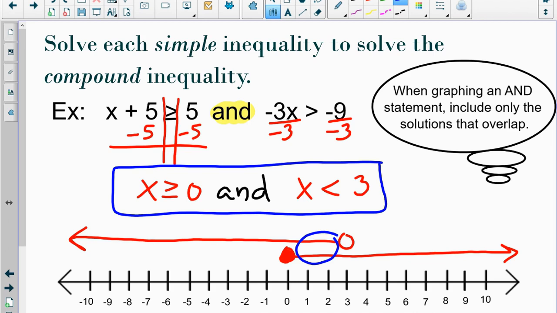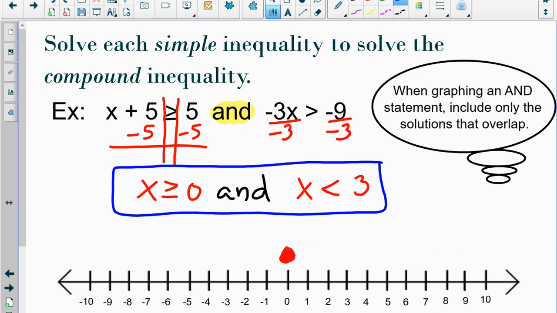So we're going to redo this. Now that I know where those two overlap, I'm going to draw my boundaries. I have a closed circle at 0. I had an open circle at 3. And I know that the two overlapped in between.